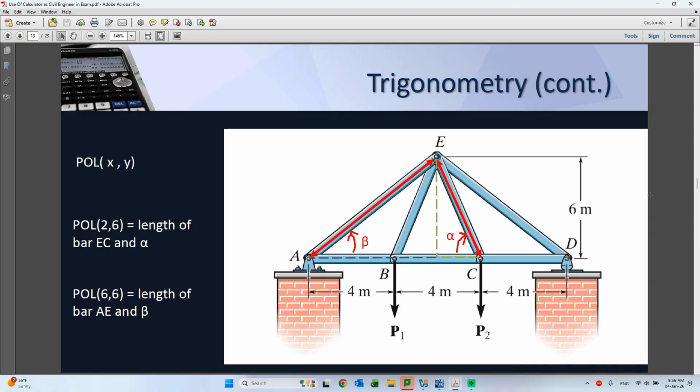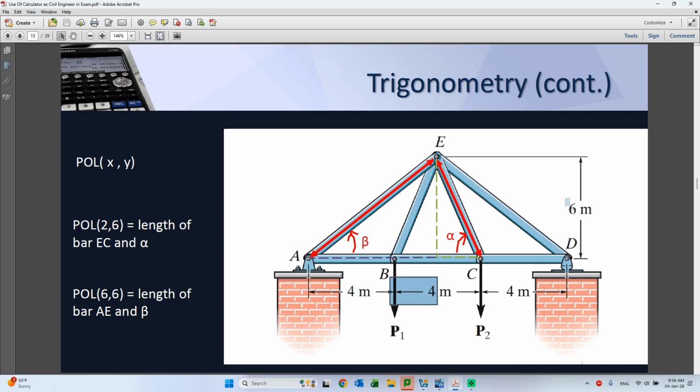For instance, we have a truss like this. We have the dimensions here, and I'm interested in calculating this angle beta. Remember, this is supposed to be a right angle triangle. If I look from point A up to under point E, it's 4 meters here and 2 meters here, which makes 6 meters.